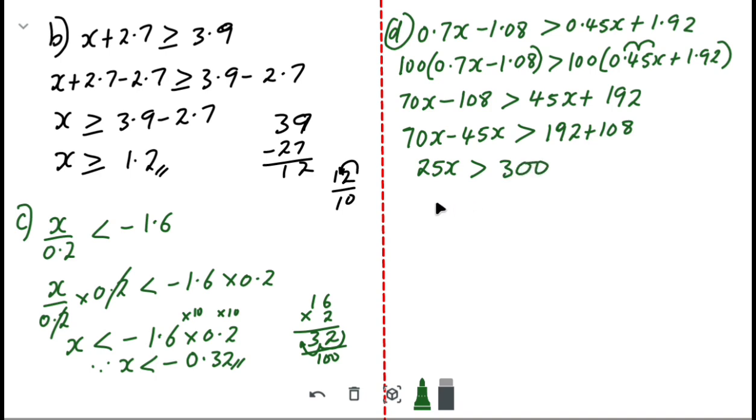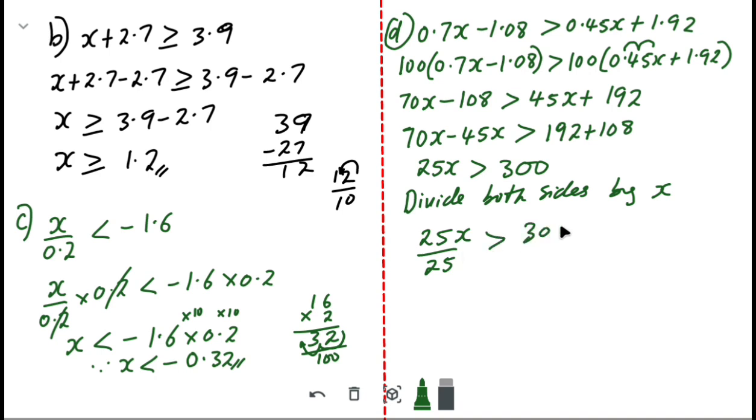We have 300. Now the next thing we need to do is to divide both sides by the coefficient of x. So that will be 25x divided by 25 greater than 300 divided by 25.